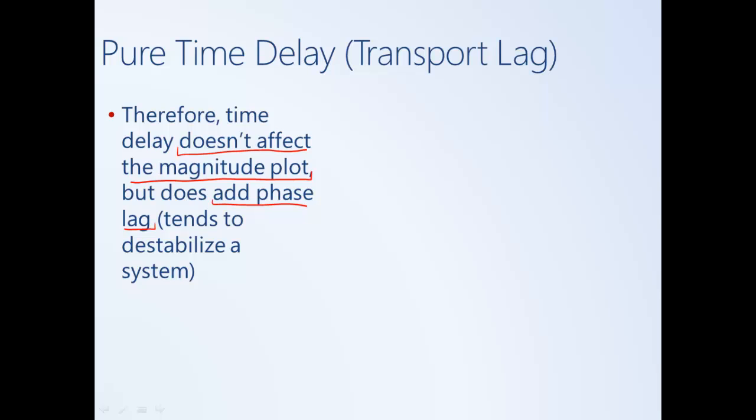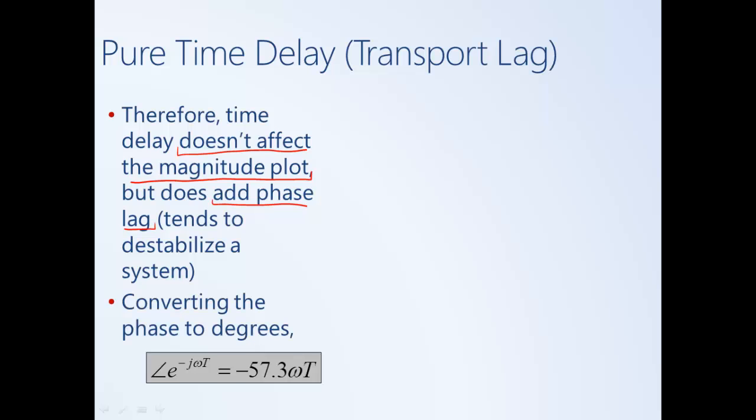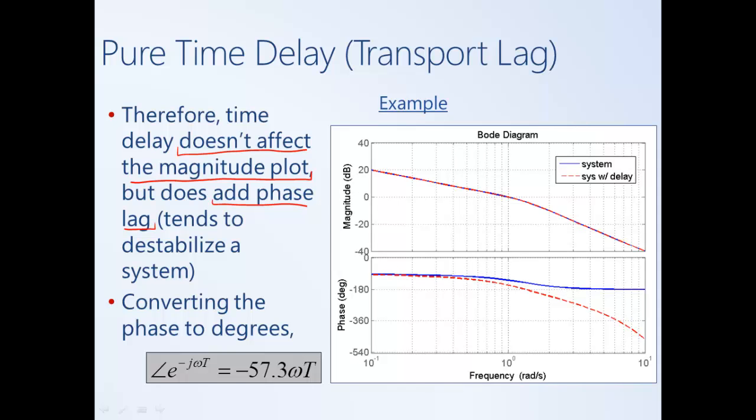With the phase plot, however, you're subtracting more phase. And since the phase plot is in degrees, we convert the previous expression into degrees from radians, and we get an example like this. So here, the blue line is the frequency response of the system by itself. The red line is the frequency response of the system with delay.